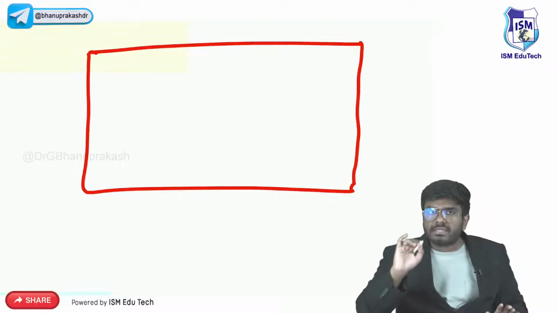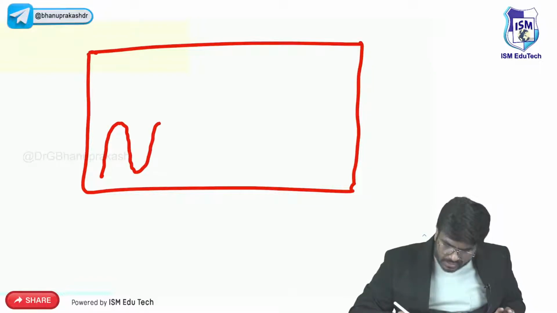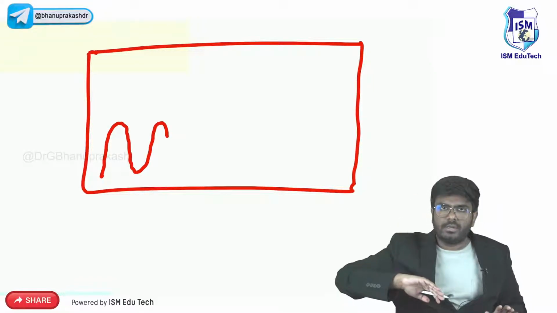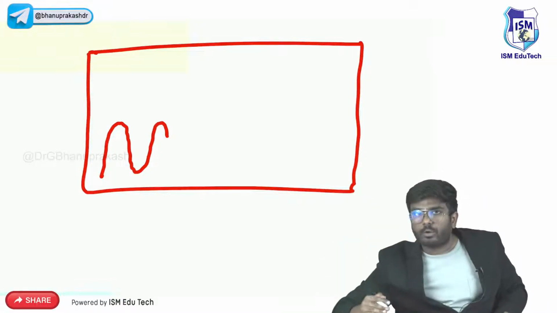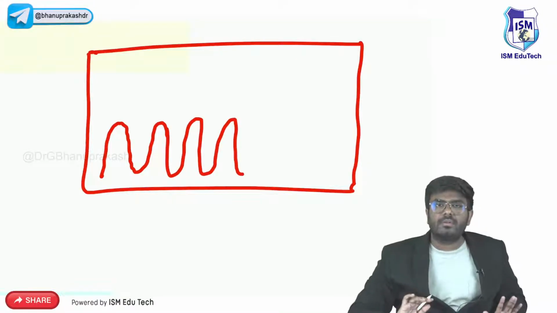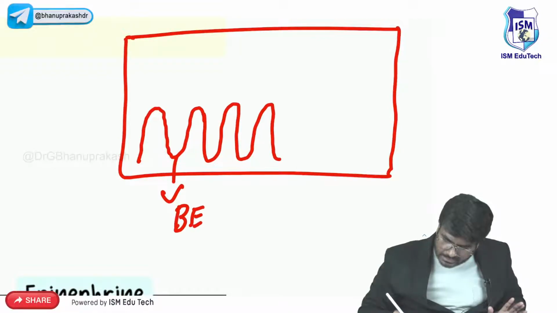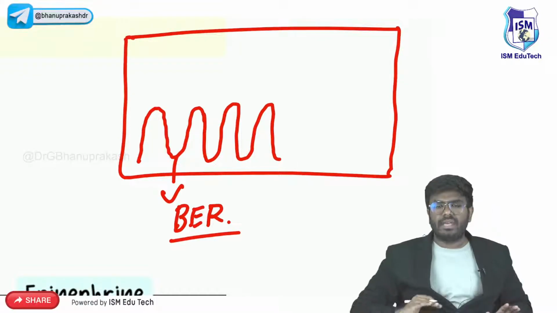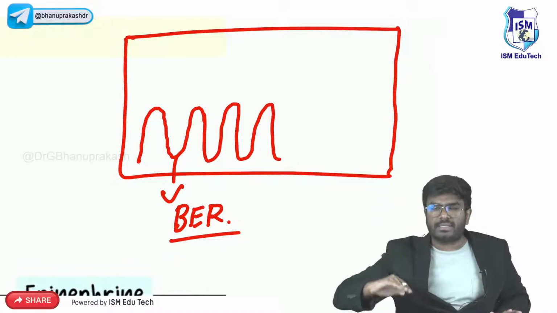In this interstitial cell of Cajal, there is some electrical fluctuation happening all the time, from negativity towards positivity and then going back. 24/7 it is happening. This is called the basal electrical rhythm, BER. The voltage of the cell is fluctuating like this.